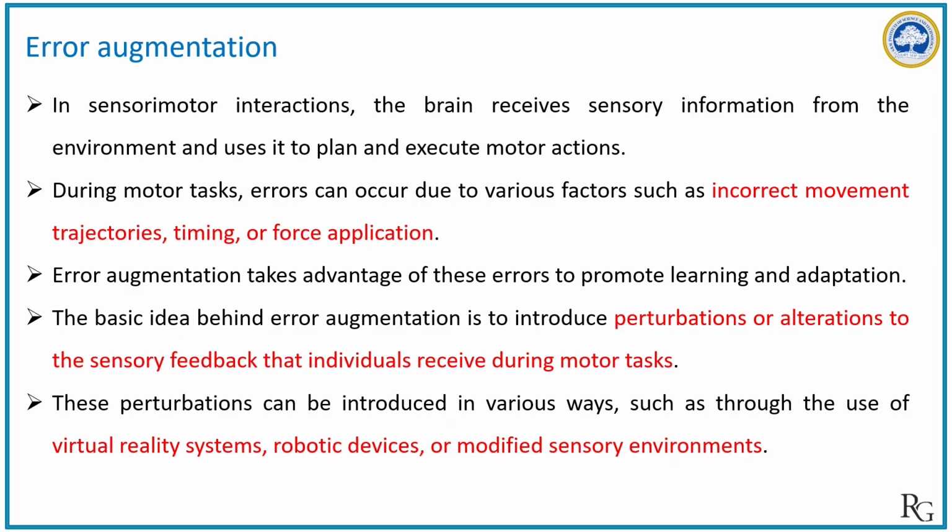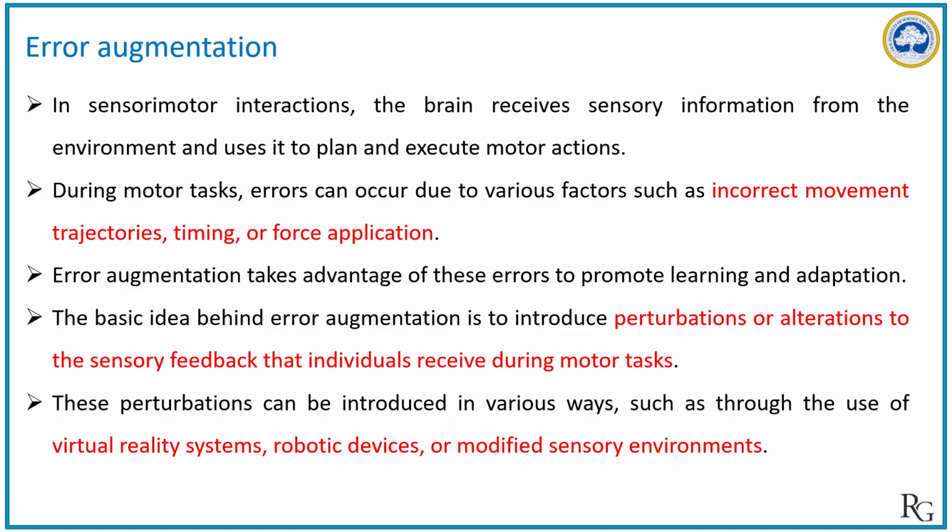This information helps the brain plan, coordinate, and execute motor actions effectively. However, during any motor task, errors can occur. These errors might be due to incorrect movement paths or trajectories, poor timing, or inadequate or excessive force applied.